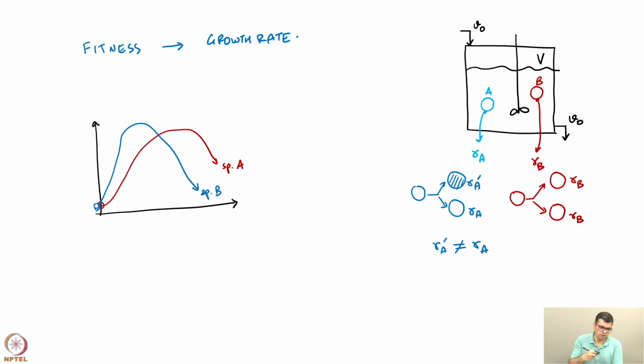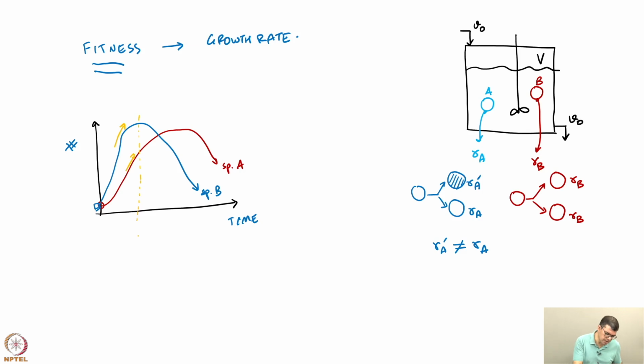So, the question before me is what is a more appropriate proxy for fitness, and that depends on what point in the growth curve I am looking at these numbers. So, this is time and this is number. If I am comparing species A and B at around this time, where this one is growing exponentially, this one is also growing more or less exponentially.